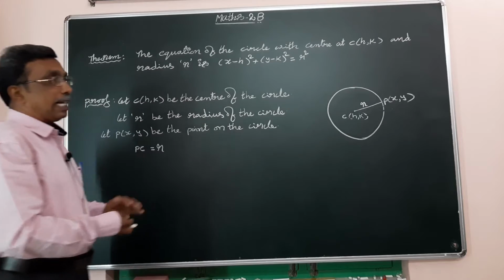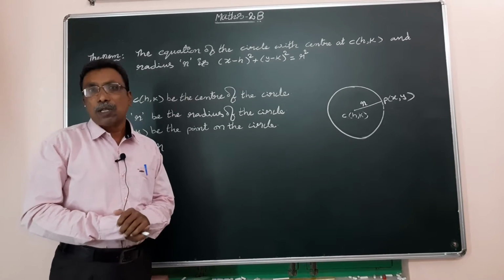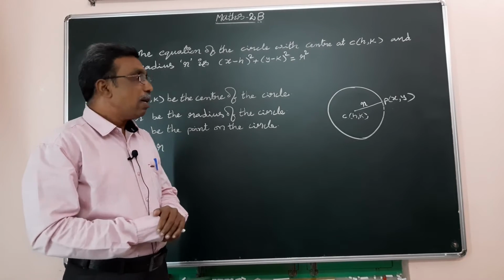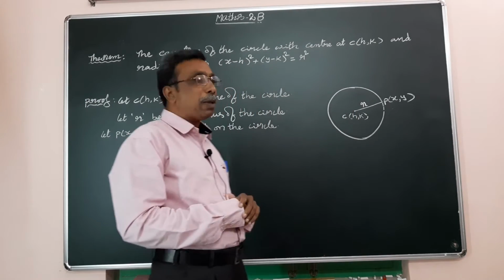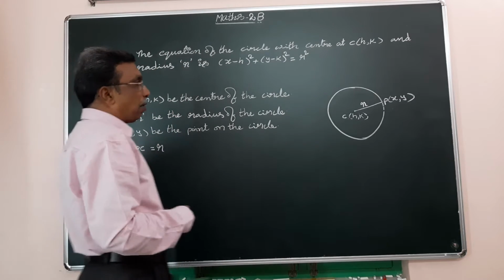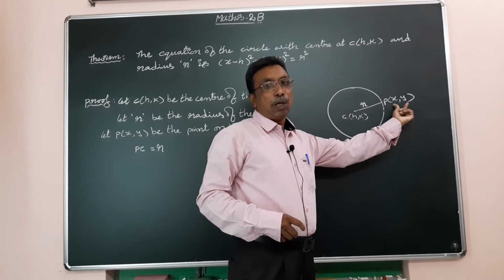So what is the distance between 2 points? Square root of x2 minus x1 whole square plus y2 minus y1 whole square. Now we consider this point is x1, y1. This one is x2, y2.